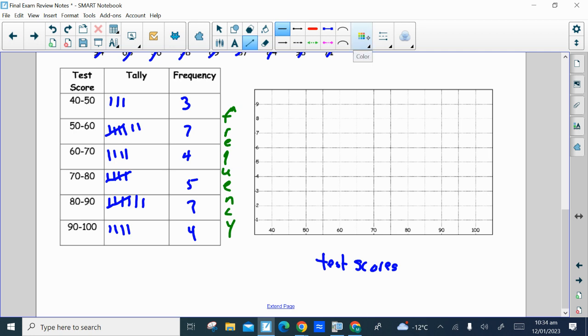Remember, it's a series of bars and they're connected because you have this overlap for the test scores, 40 to 50, then 50 to 60. So the 40 to 50 would have a bar that is 3 units high. So there's that bar. Then 50 to 60 is 7 high. 60 to 70 is 4 high.